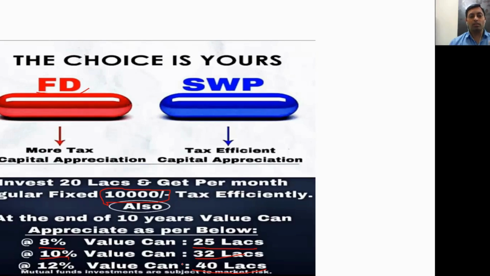You can do a partial withdrawal, whatever you want. Maybe out of 20 lakhs, suppose I need 5 lakhs, I will take 5 lakhs, and the other 15 lakhs of investment will continue. If you want the same 10,000, you can draw, or if you want to reduce it, that is also possible for income tax calculation purposes.